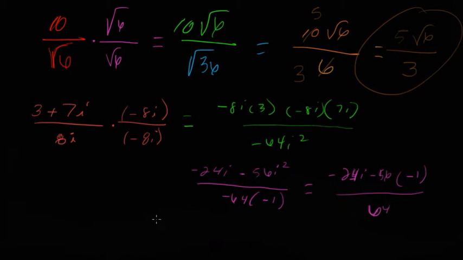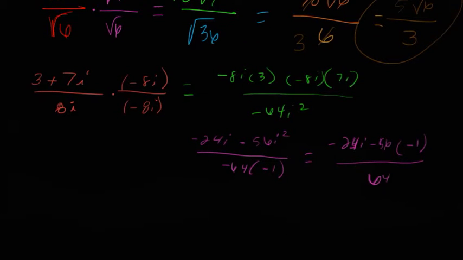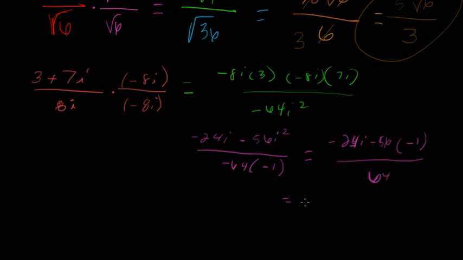Now, let's scroll this down just a little bit. What do we have? Well, we have minus 24i plus 56 divided by 64. It looks like we can't simplify this any further.